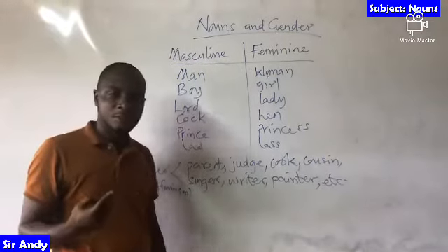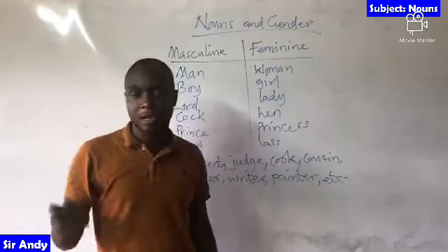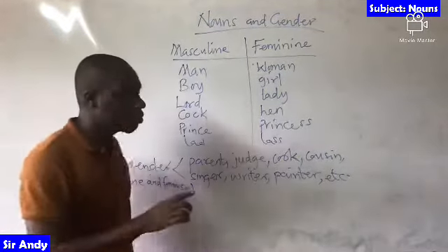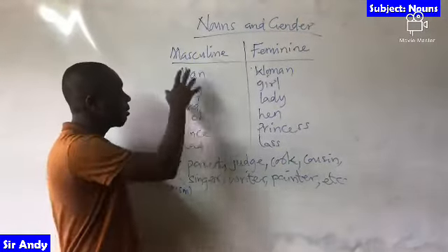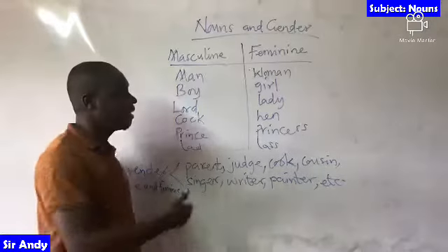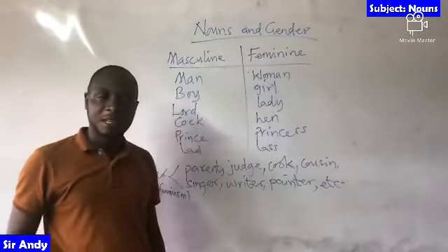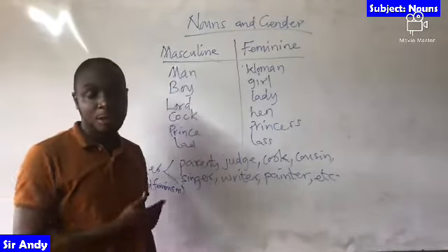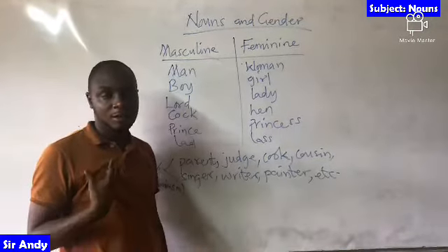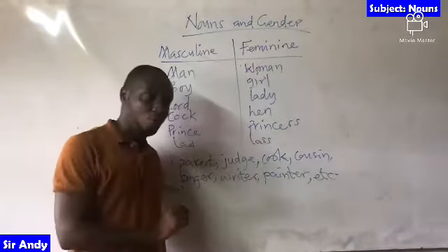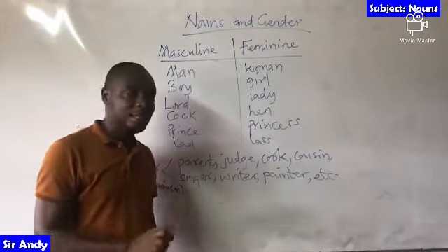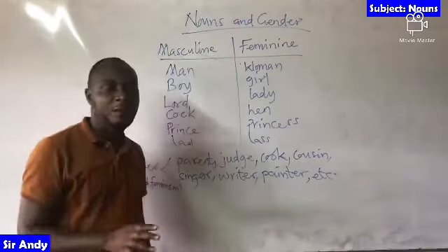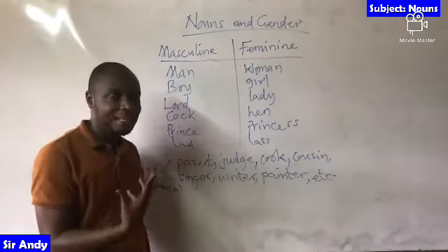So as we are learning this to enrich our language, we must also learn some of these masculine nouns and their respective feminine nouns. It is very necessary that we know them, and you can't do away with this, because wherever you may find yourself, you should know that this is a feminine noun for this particular masculine noun, and it goes well to help you.